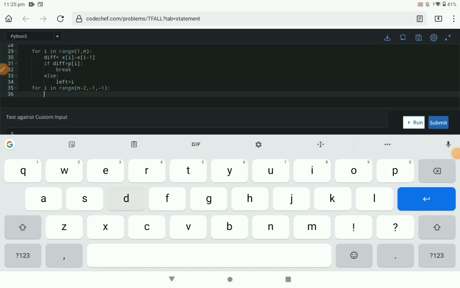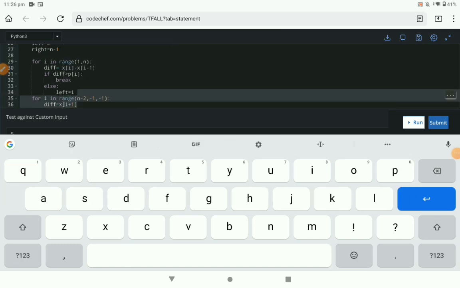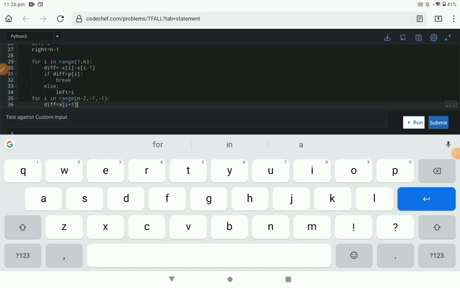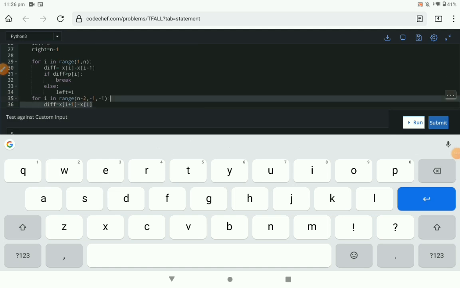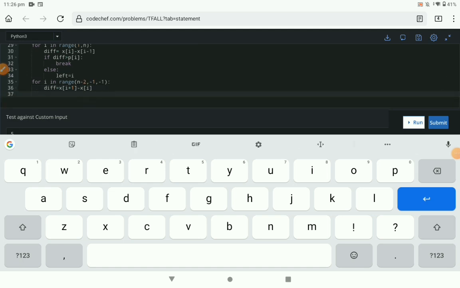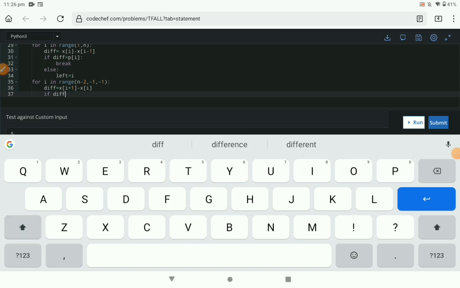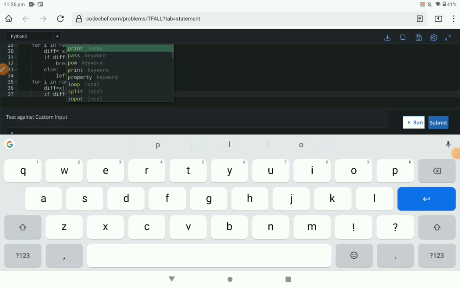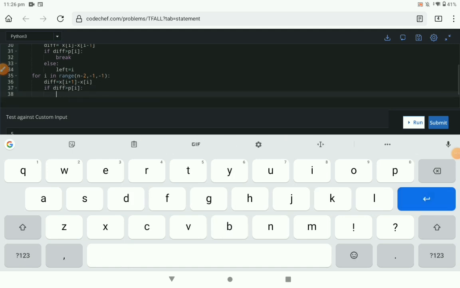So if the difference, x of i plus 1, the ball at the left index minus the ball at the right index, if our difference is greater than the power at the ith position, we will just break.